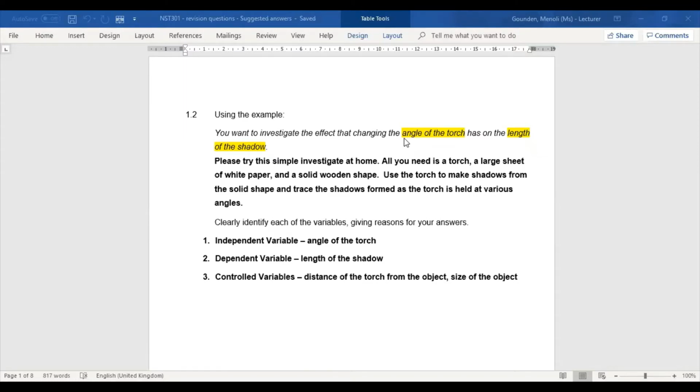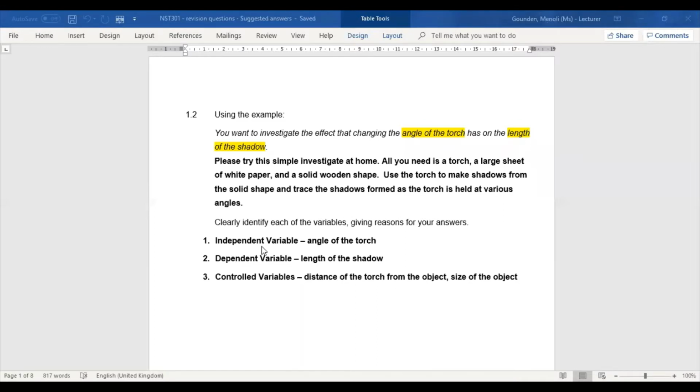If I had to change the sentence and phrase it the other way, the angle of the torch depends on the length of the shadow, that becomes illogical. It does not make sense, and therefore the variables will be identified incorrectly. So the question asked you to identify the variables.